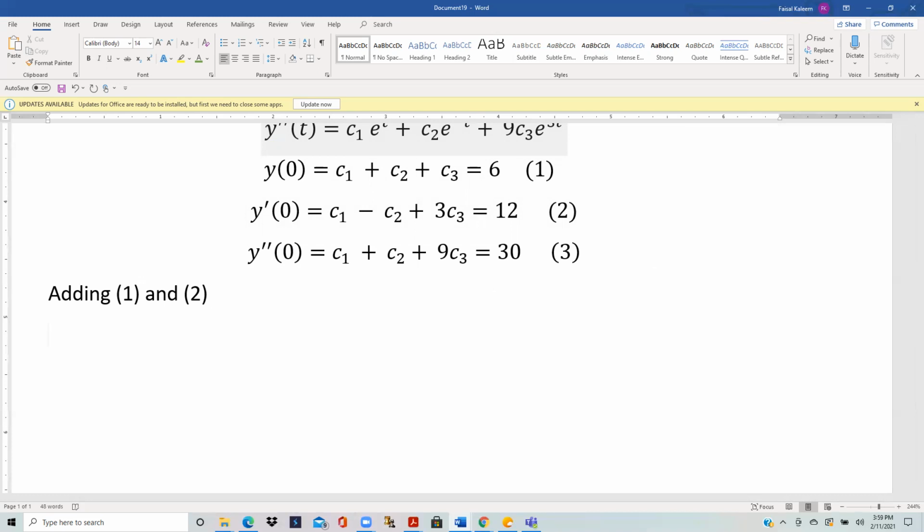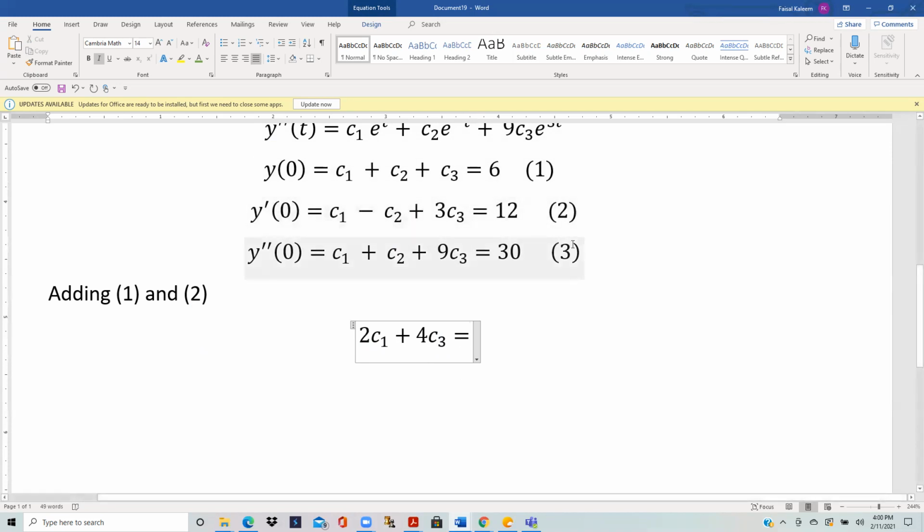So we will get 2C1, right? C1 plus C1 is 2C1, and C2 minus C2 cancels away, and C3 plus 3C3 is 4C3, equals, and 6 plus 12 is 18. Okay, let's call this 4.